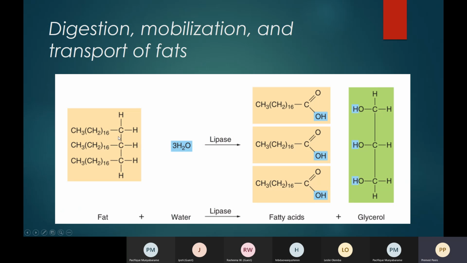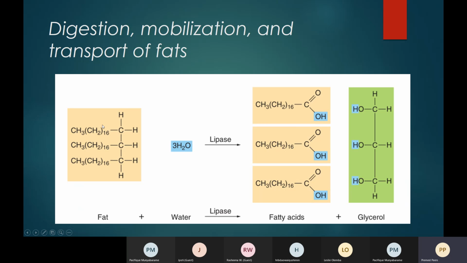All right, digestion. Whenever we do the biology unit on the digestive system, we will go into the process of digestion for all the macromolecules. But for fats, it's good to cover this here because fats are the one that's different from carbohydrates and proteins. So remember, fats are triglycerides.